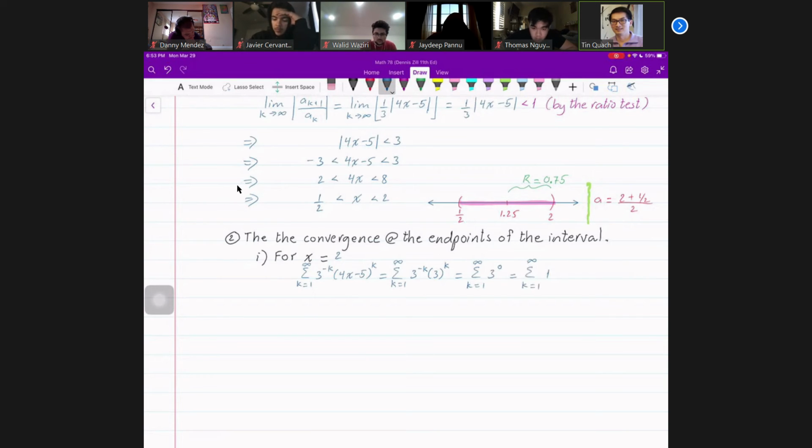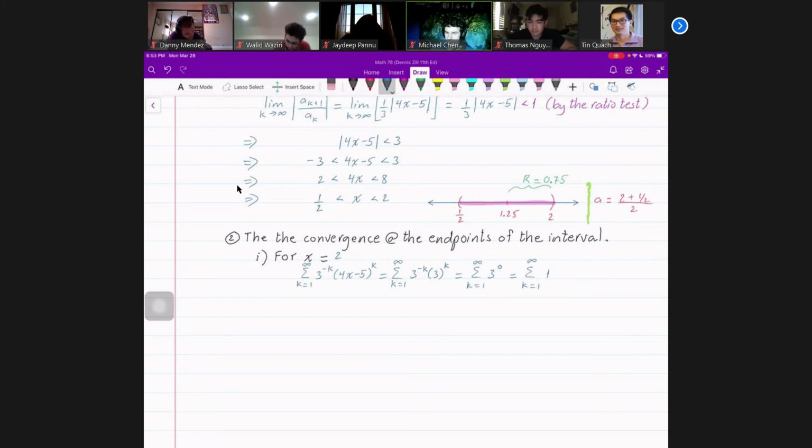Okay, you are adding 1 to itself infinitely many times. What do you think the series is? Is it convergent or divergent? Divergent. Intuitively, you know, because you are adding 1 to itself indefinitely, you're going to get infinity.